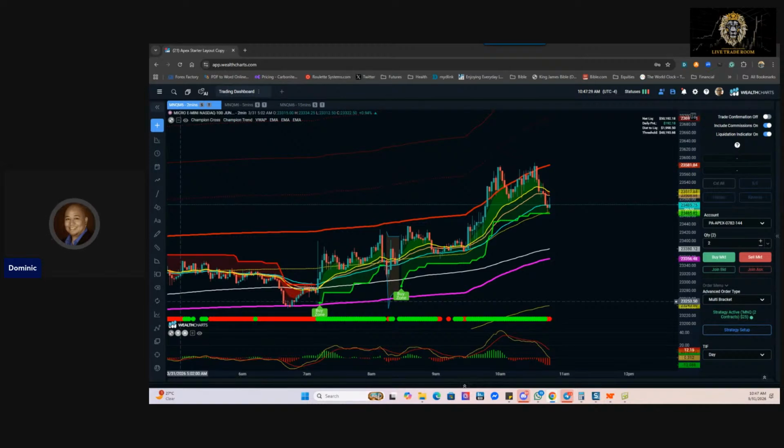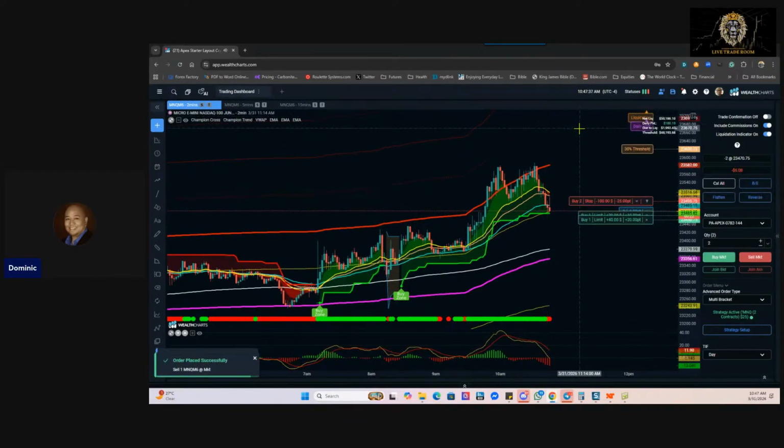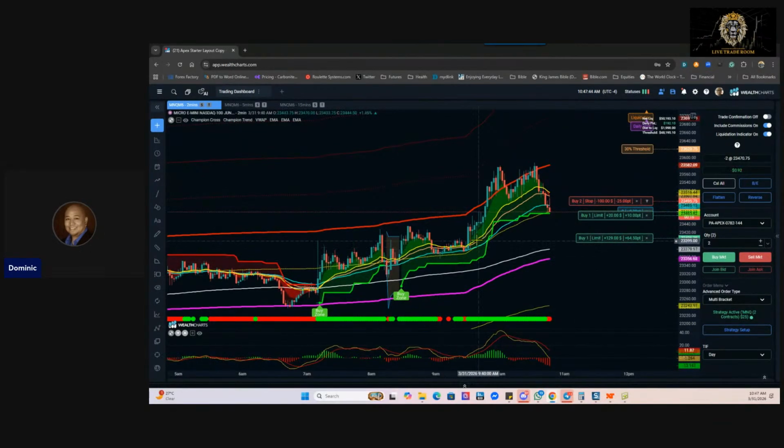This one is bouncing off that zone right there. It's almost like it's going to continue coming down. That's what I'm anticipating. So where do we have the thing right here? Let's see. This one I have up there.